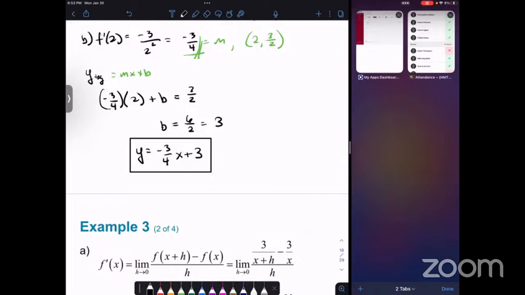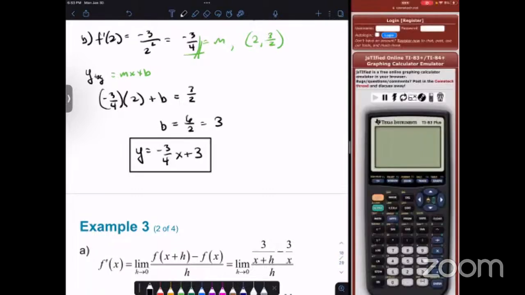Can you guys see my calculator? It looks like it's working. Okay, I can see it there.